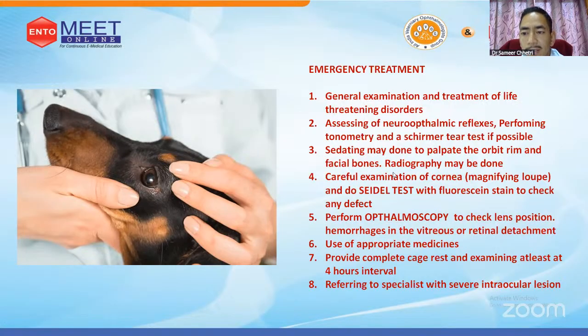Radiography may also be done in extreme cases. Carefully examine the cornea with a magnifying loupe, and also do a Seidel test to check for leakage of content from the cornea, using fluorescein stain to check for any defect. Perform ophthalmoscopy to check lens position, hemorrhages in the vitreous, or retinal detachment, and provide appropriate medicines.